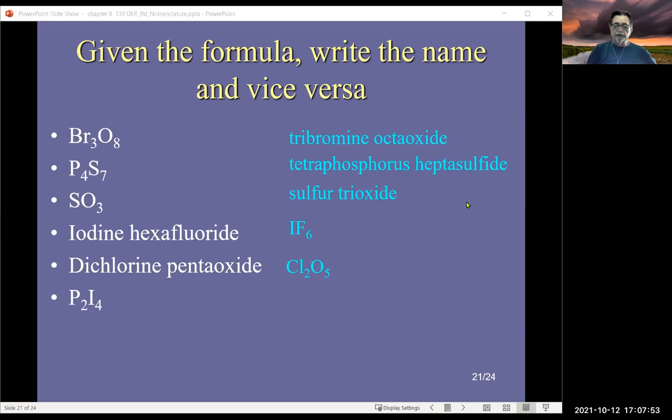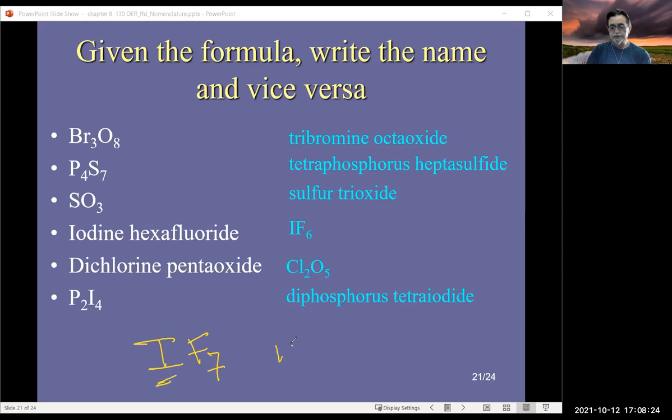All right, so here we got phosphorus and iodine. That's the parent name. To go back and do the prefixes, we got 2 phosphorus and we got 4 iodide, I should say. And therefore we have diphosphorus tetraiodide. Notice the other scenario we had earlier, where iodine was first, followed by, I think, 7 fluorides.